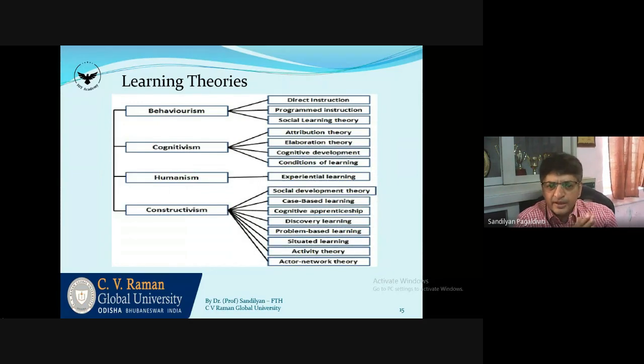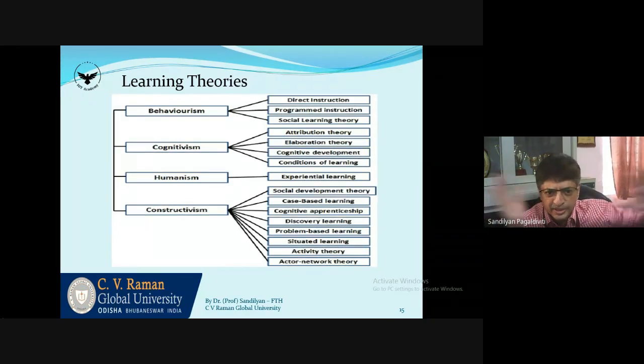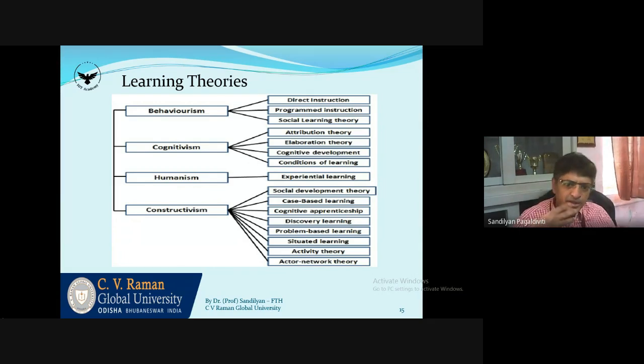There are different learning theories. I am just going to touch on these broadly. Behaviorism, which is direct instruction and programmed or social learning theory. Cognitivism, which is attribution, elaboration, or cognitive development and conditioning during learning. Humanism is mostly experiential.